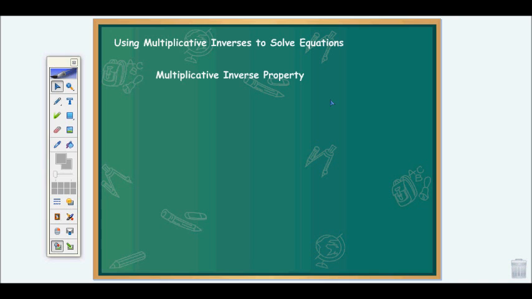If I was going to solve an equation that had the variable 2x, we know that the rule for algebra is always to solve for a single variable.